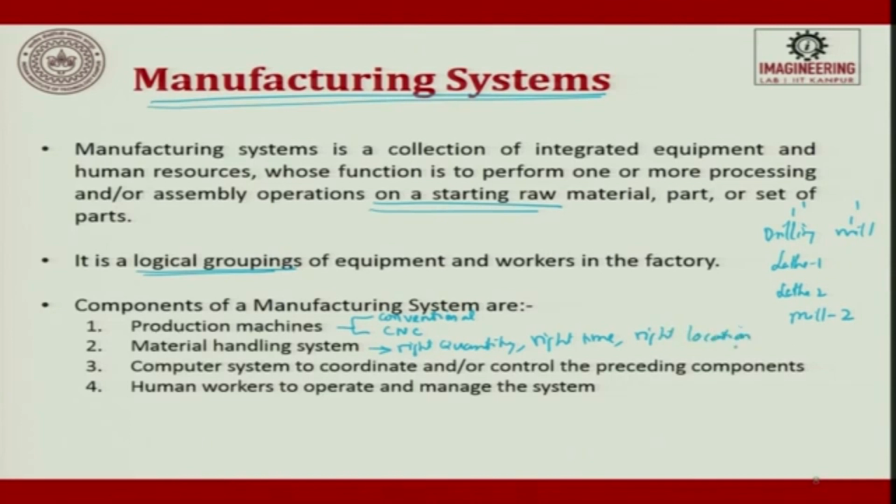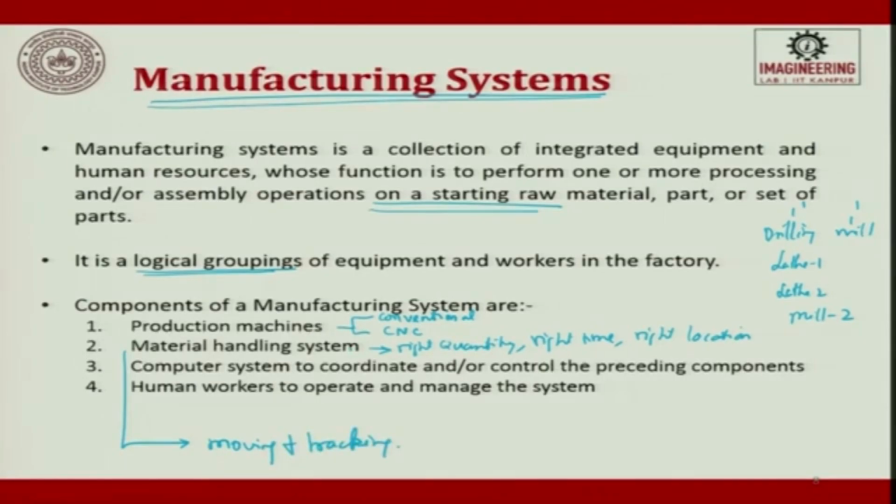If you can do that, then we say it is a very good material handling system. It is not only moving, it is also tracking. So, I will put this: moving and tracking comes under material handling.